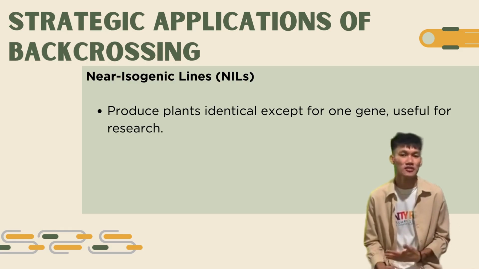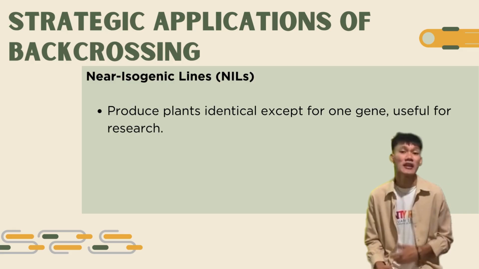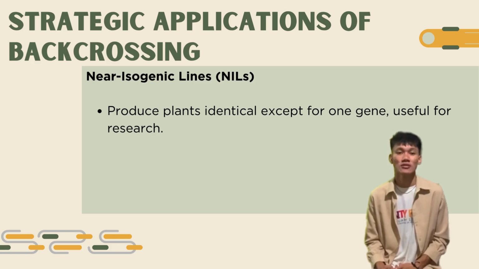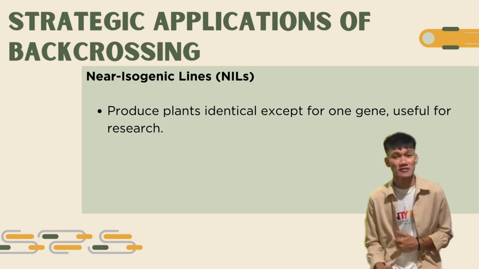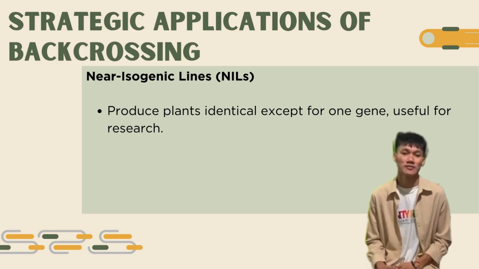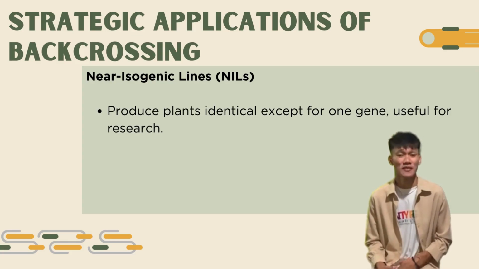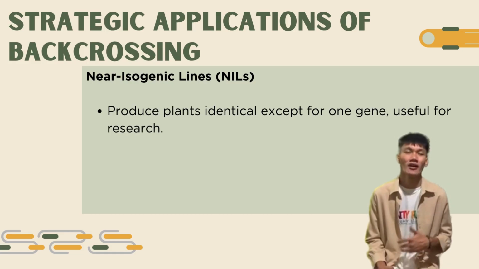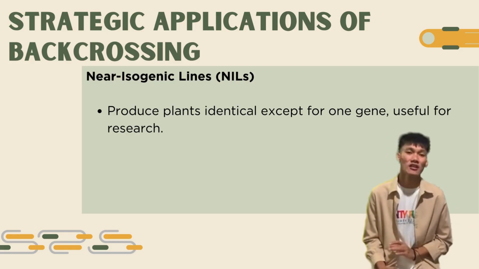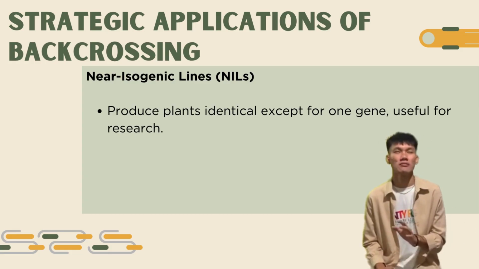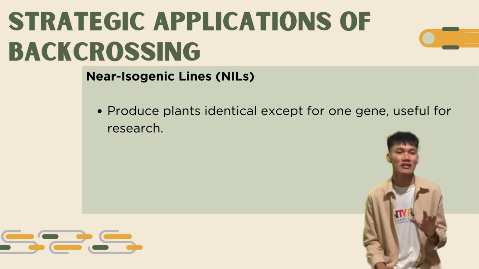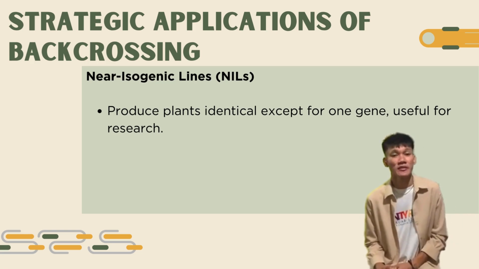This makes NILs very useful for research because any differences in traits between the NIL and the original variety are likely due to that one gene. These help scientists study gene effects precisely and also aid in breeding improved crops with specific traits without altering other characteristics. To make it easier to understand, NILs are like twins that differ in only one small detail, making it easier to study how that detail affects the plant's features.